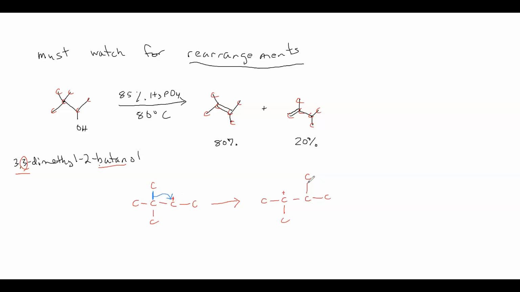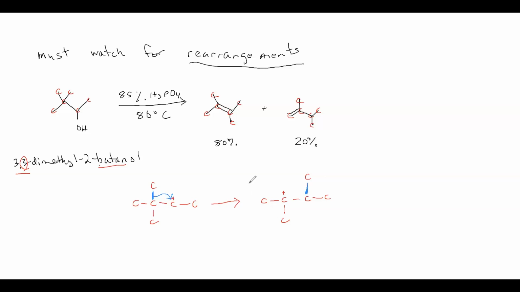So those blue electrons are moving along with that methyl group right there, and that leaves a positive charge here at this carbon. So we call it a carbocation rearrangement, but the fact that the positive charge has moved is just the result of this methyl group and the electrons from its carbon-carbon bond having moved.